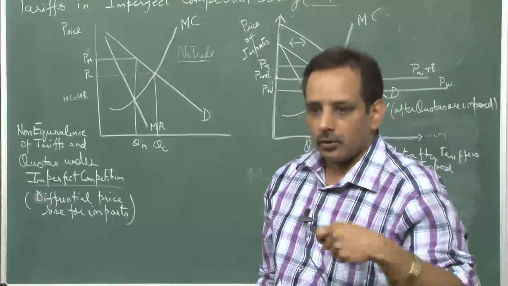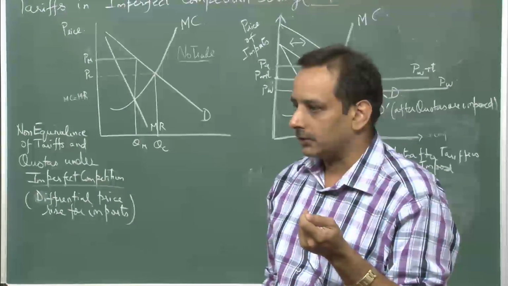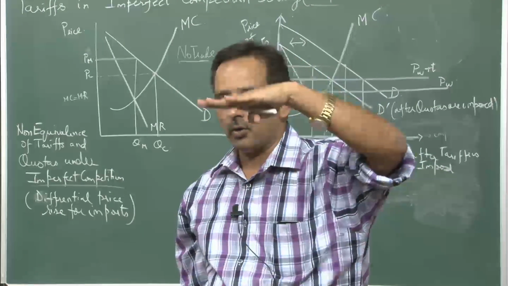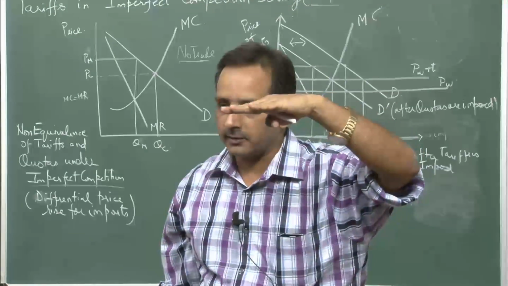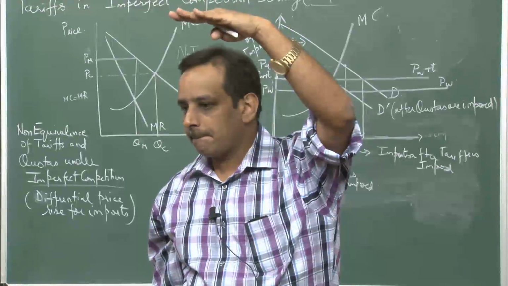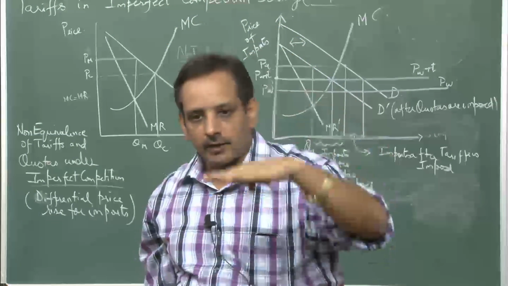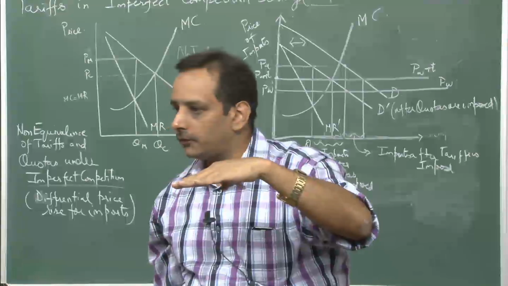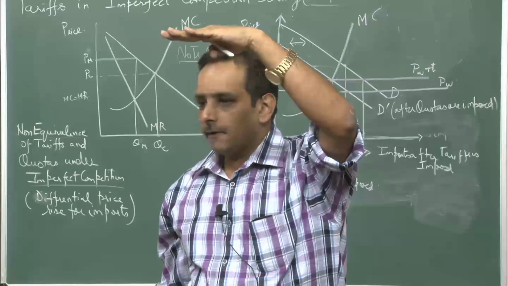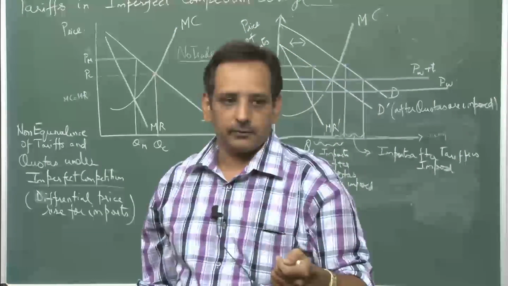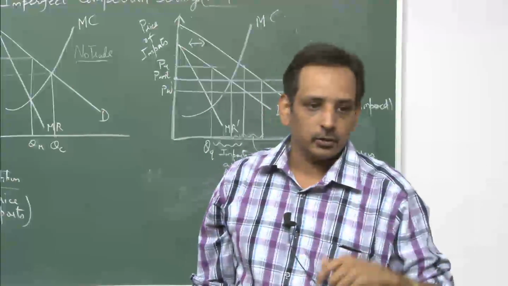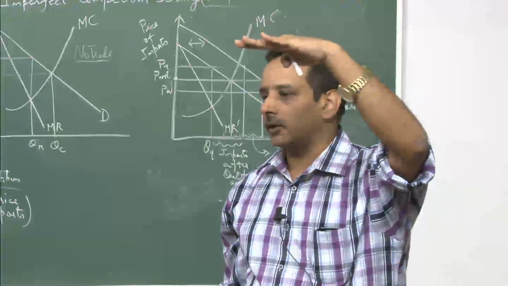So the governments are aware of this. If you artificially raise the price of an export good locally, local producers may not like to have that much of price, but the government ensures that the local price of the export good also goes up to PW plus S, and therefore they impose tariffs on the same product which they are exporting. So the local price also jumps up to PW plus S.